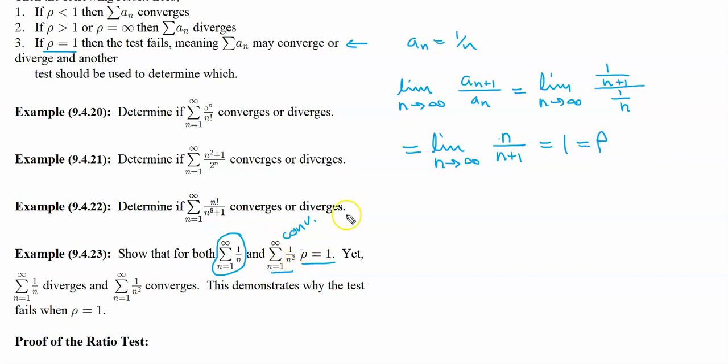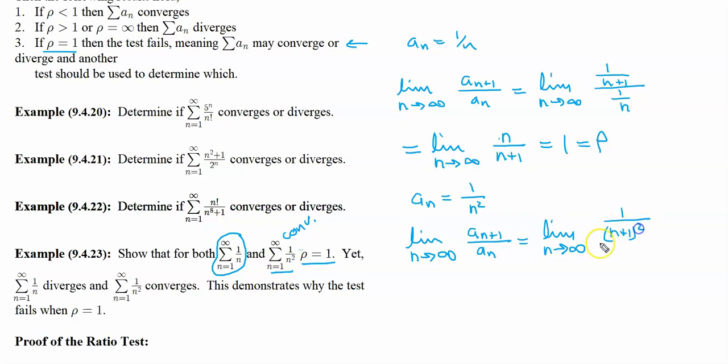Now if we look at this one, our a_n's are going to be 1 over n squared. And so what we're going to get then is, and simplifying that, we get, and of course since the denominator is just n squared plus 2n plus 1, we see that this limit is also 1.